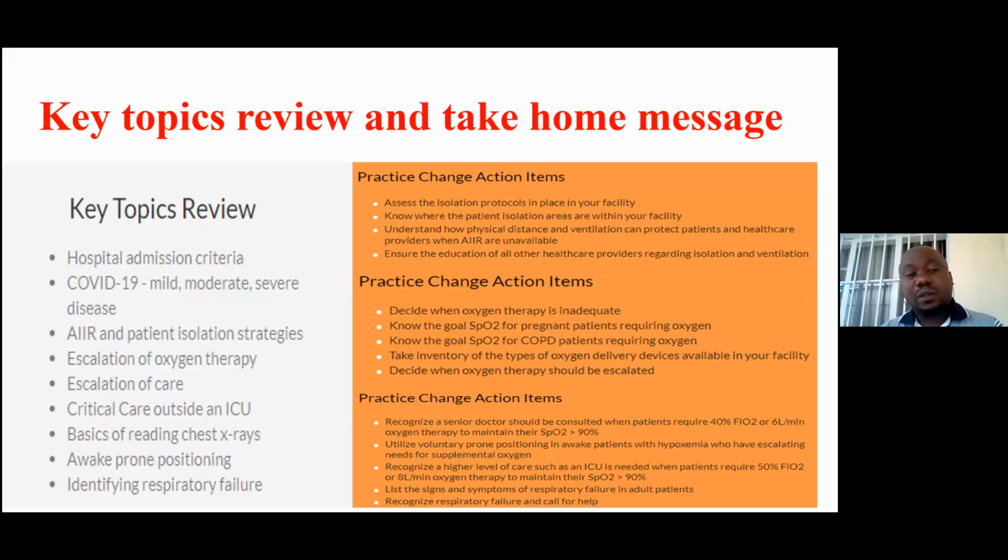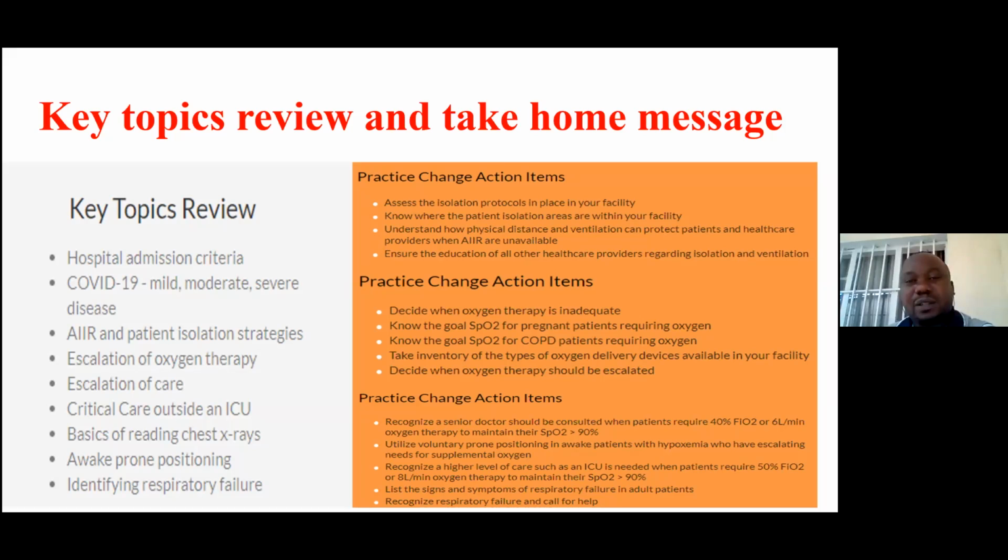Know when to do escalation of care, indication of transfer, and try to do some critical actions where you are, and know how to interpret the chest X-ray, and encourage your patients in awake proning positioning and see if they can improve oxygenation. So try to identify at any time the respiratory failure of your patients.